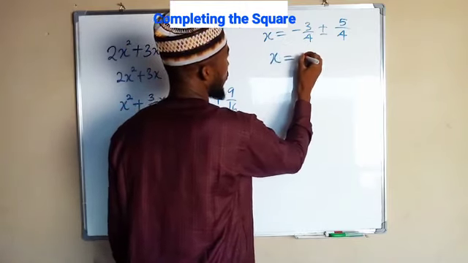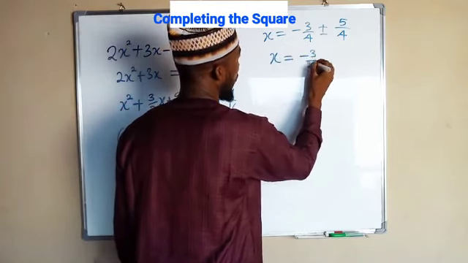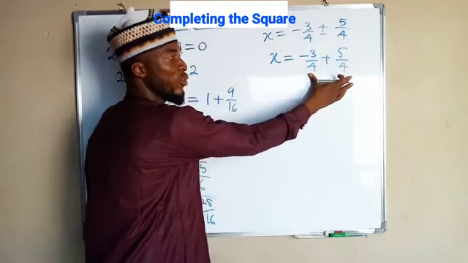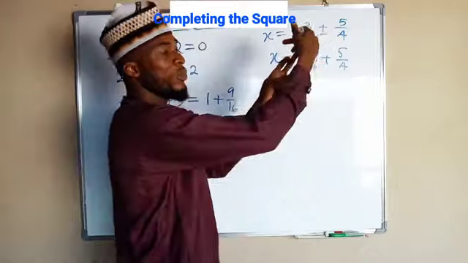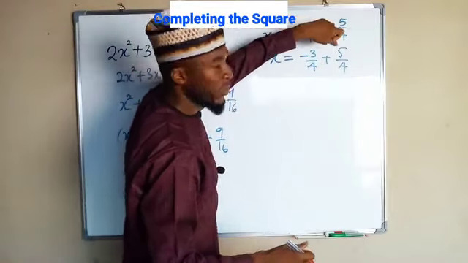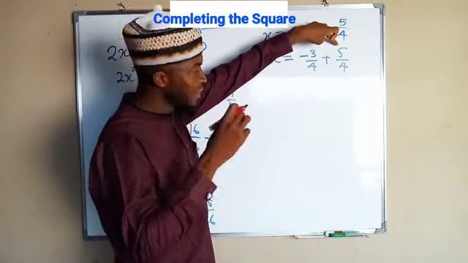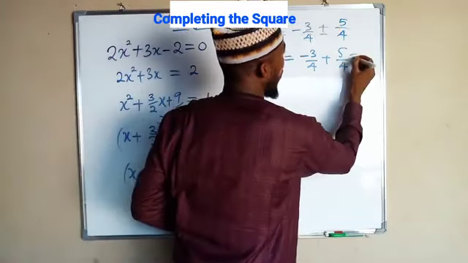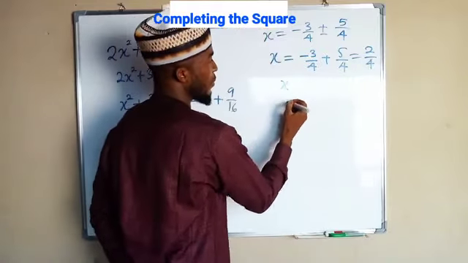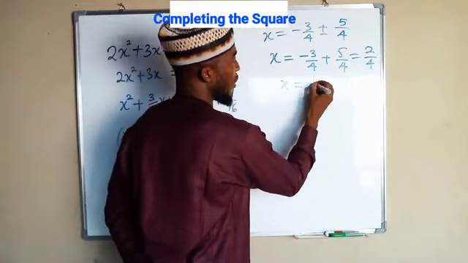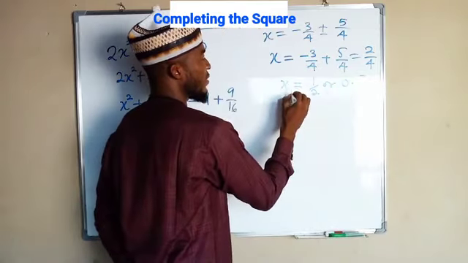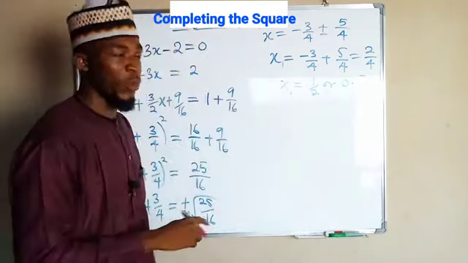x equal to minus 3 over 4 plus 5 over 4. They have a common denominator, so we can add the numerators together. Negative 3 plus 5 is going to make it positive 2 over 4. And positive 2 over 4 is equal to 1 over 2 or 0.5. So you can say this is our first solution, x1.